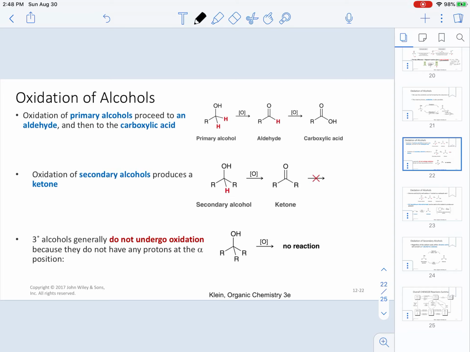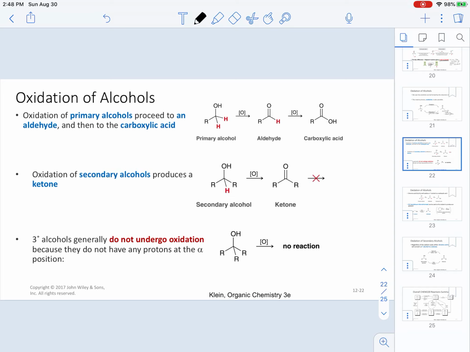But this aldehyde under those conditions will not stay. The final product of the reaction will be the formation of the carboxylic acid, because under strong oxidation conditions, the primary alcohol will turn all the way to the carboxylic acid. It will not stay at the aldehyde.